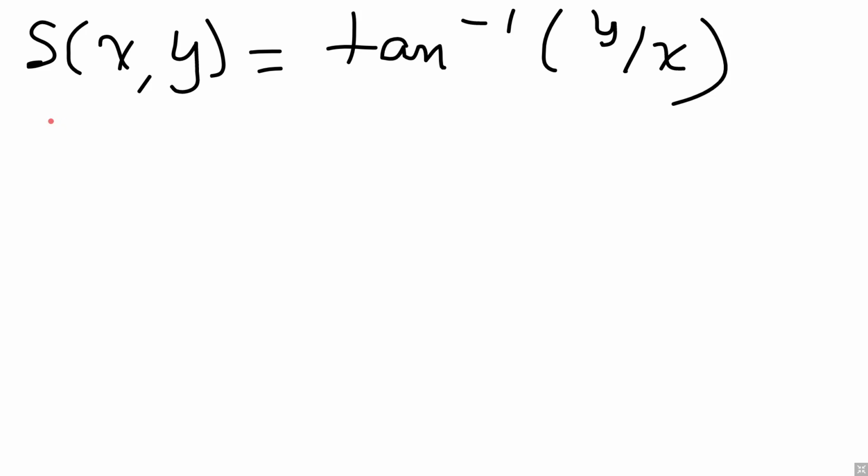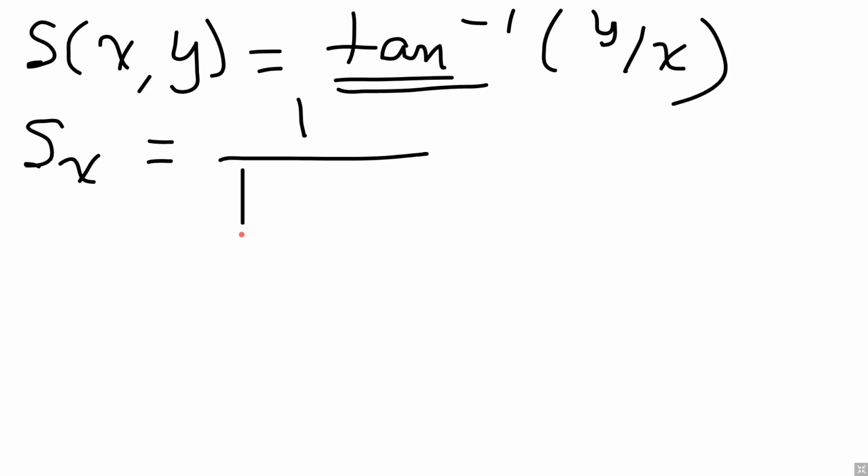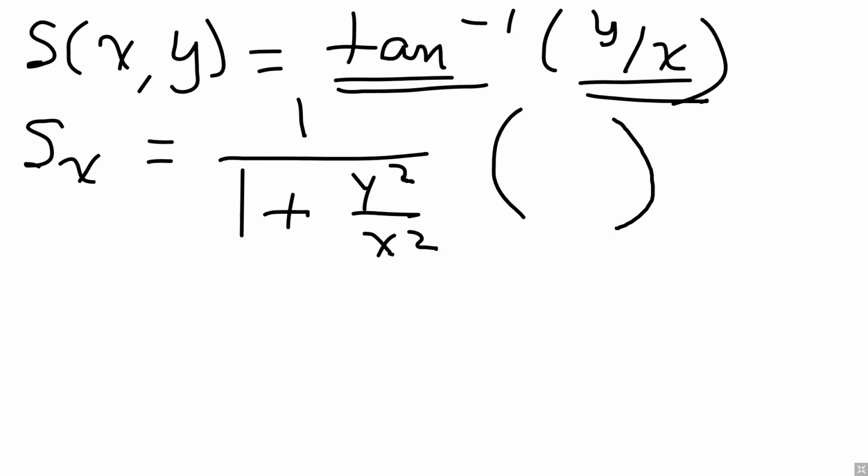All right, so we're going to start with the partial of s in respect to x. So if we start off by taking the derivative of the tangent inverse, it's going to be 1 over 1 plus, we're going to square this, so it's going to be y squared over x squared, times, now we're going to take the derivative of this in respect to x. So what would that be?